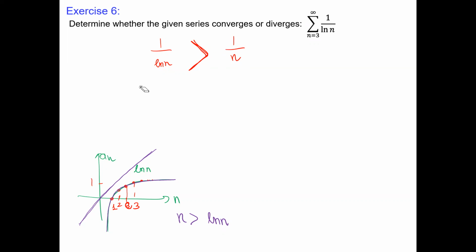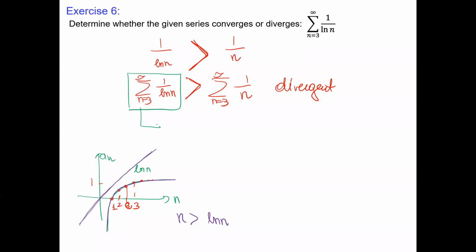Perfect. And what we have? For the same number of terms, the summation starting from 3 will be greater than this summation. And this is the harmonic series, divergent. Everything that is greater than something divergent, we can claim divergence.